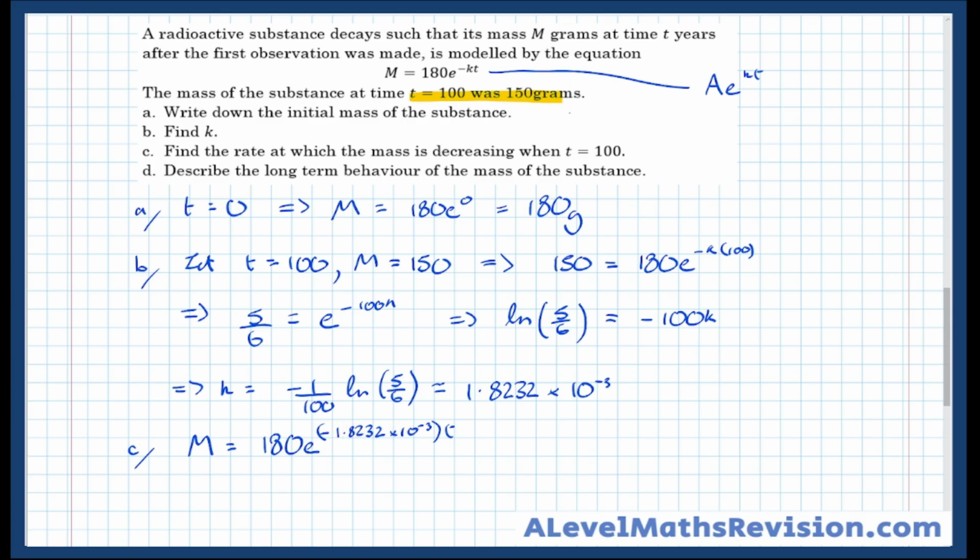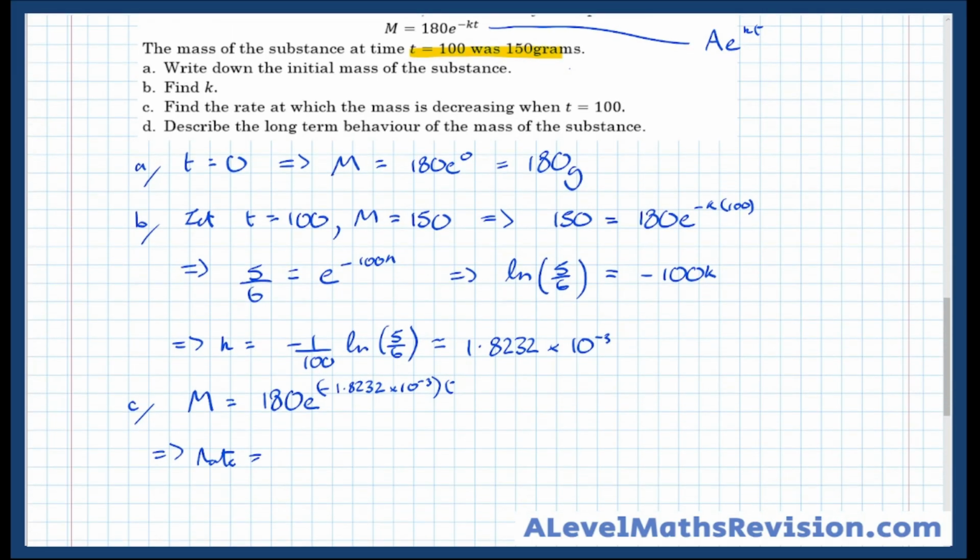Just as a reminder, what we did earlier: e to the kt implies that the rate of change of e to the kt is ke to the kt. That's a fact we learned just before. Which means that the rate equals just that again.